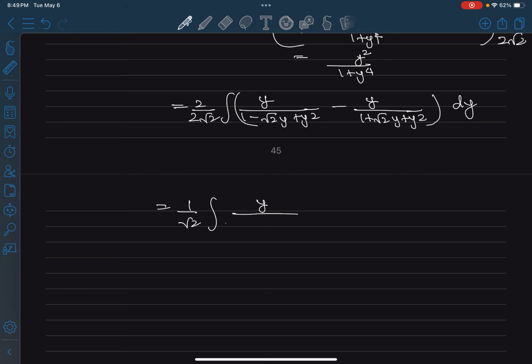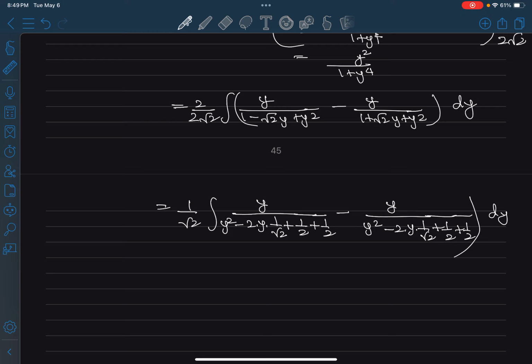Okay. Now let's complete the square, and then, yeah, so this is 1 by root 2. Y by, this will be y square minus 2ab, right? I'm just completing the square. Also, I have to make sure that this is root 2y plus b square is 1 by 2, and there's 1, so again another 1 by 2 is needed, right, to make sure that we don't really change the expression. This is y square minus 2y 1 by root 2 plus b square plus half, right, and then dy.